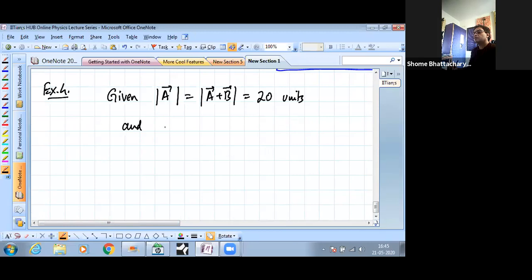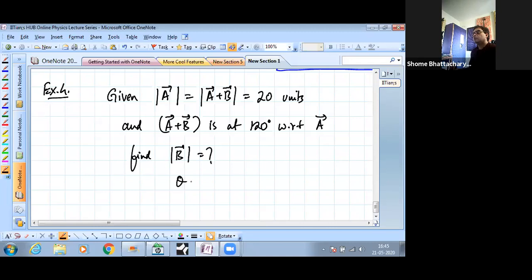And the vector A plus B is at 120 degrees with respect to the vector A. So you have to find the magnitude of the vector B and the angle between A and B. So you can think this is like back to the early part of vectors, application of just the sum of two vectors.